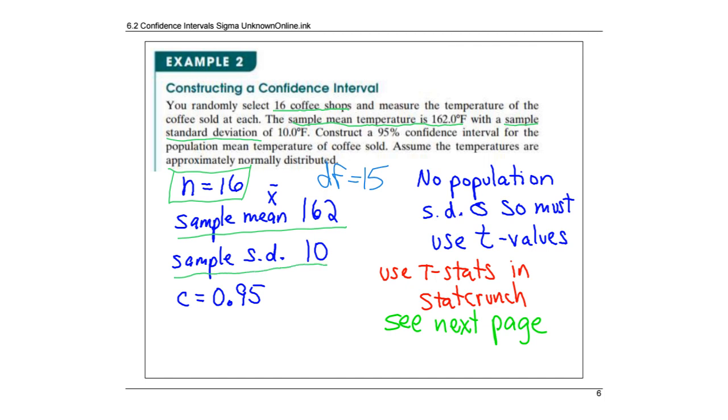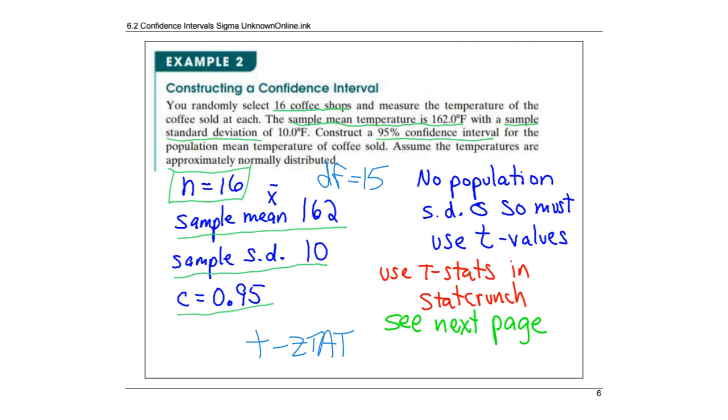As soon as I see that I have a sample standard deviation, I know that I'm going to need to use t-stat in StatCrunch. All right, and then finally, we're going to construct a 95% confidence interval, and so C is going to be 0.95.